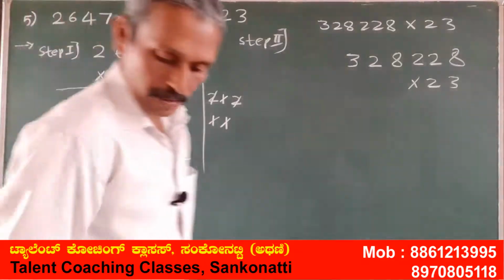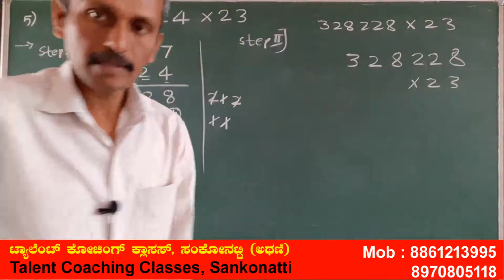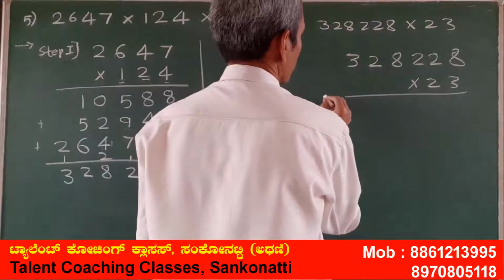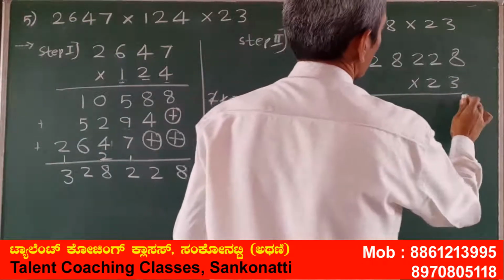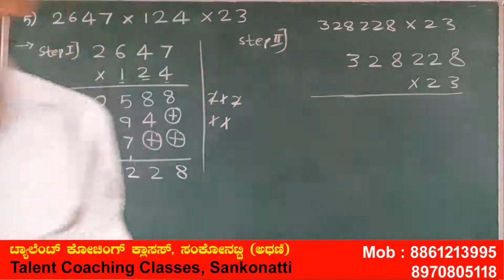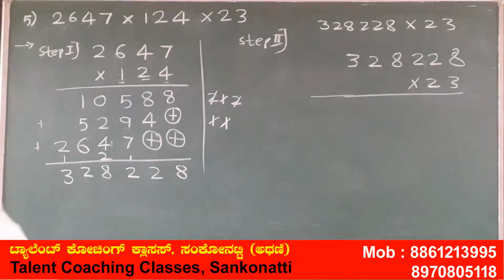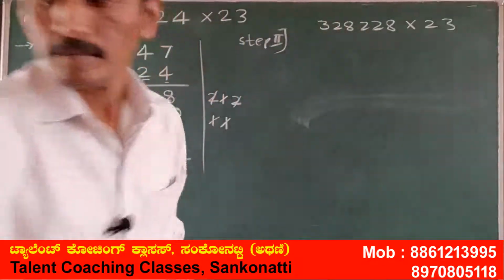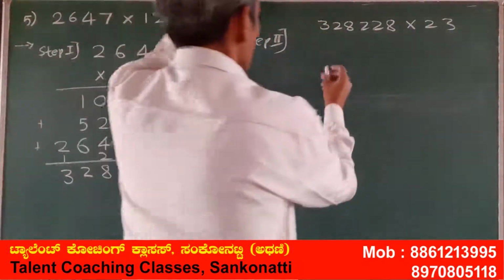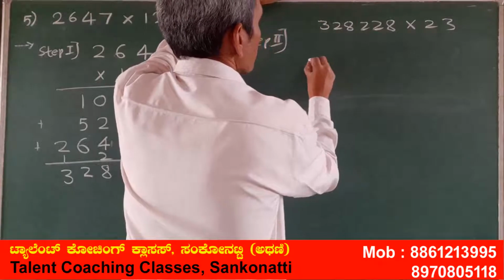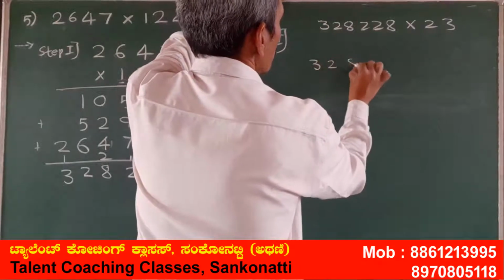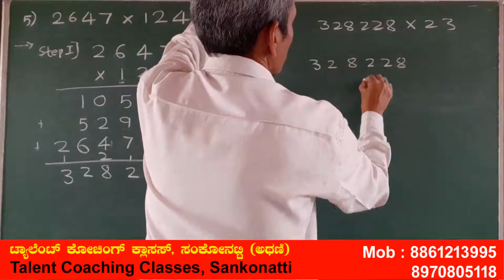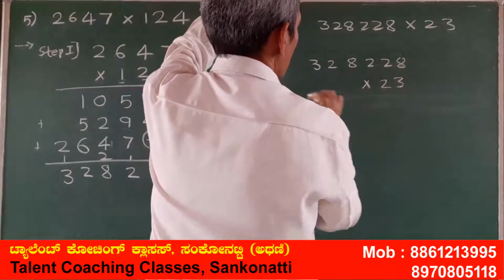Now we start multiplying these numbers. 3 2 8 2 8 into 23.